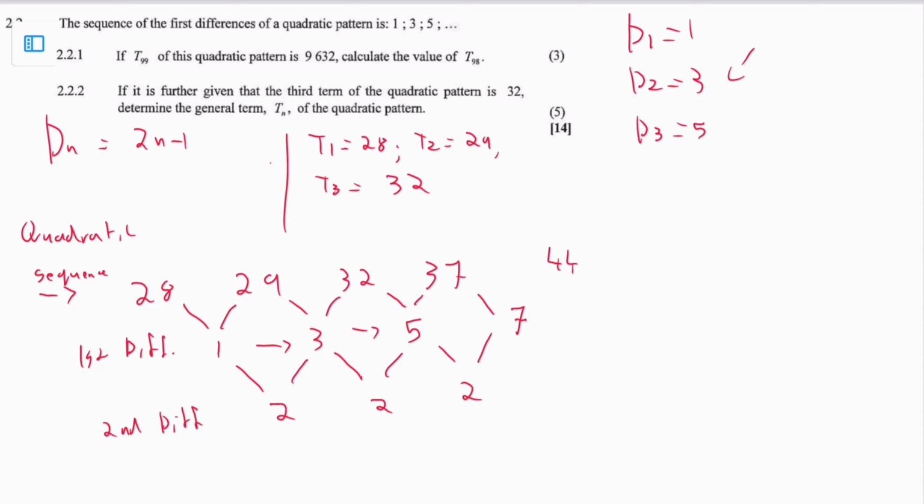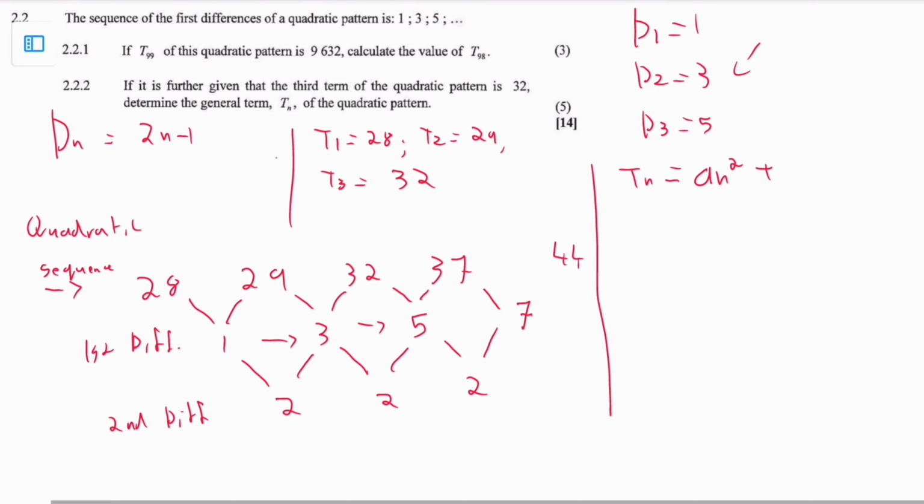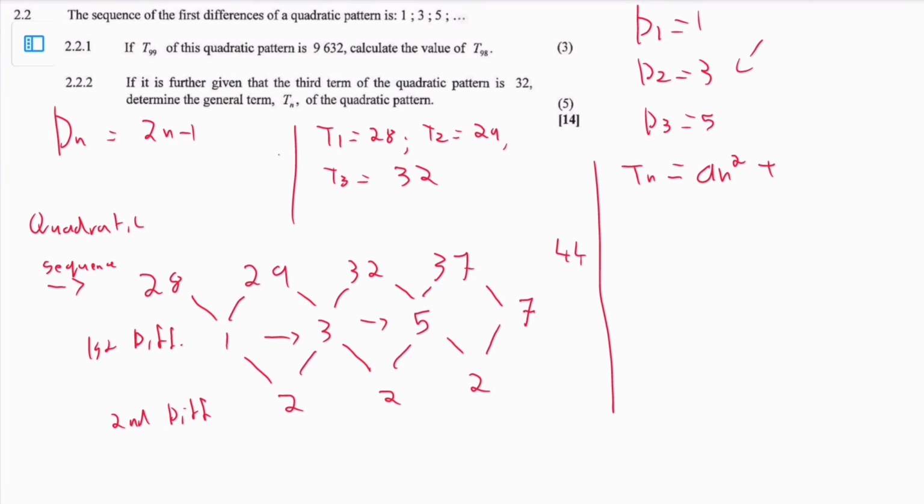And so this is just one of those questions where you just need to know some theory. We know that a quadratic sequence has the general form an squared plus bn plus c. And so how do we determine those values?